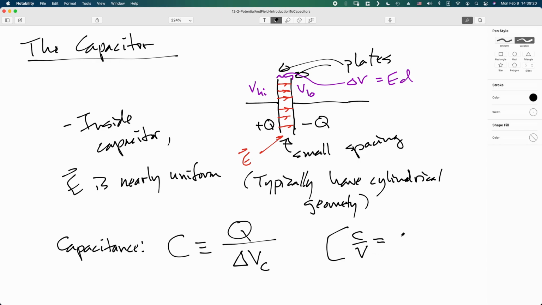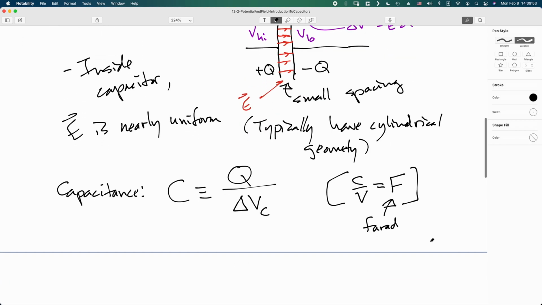So a coulomb per volt is called a farad, F-A-R-A-D. This is in honor of Michael Faraday, who did a lot of very important work on electricity and was also the person to first suggest that light was some sort of electromagnetic wave.